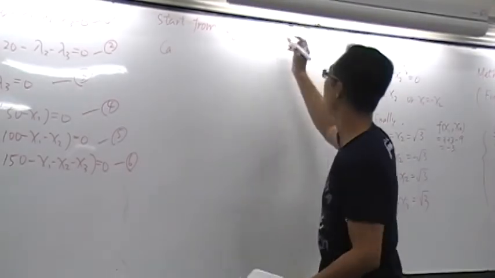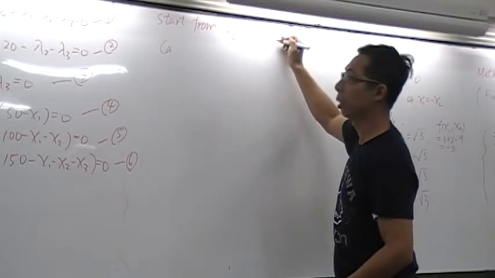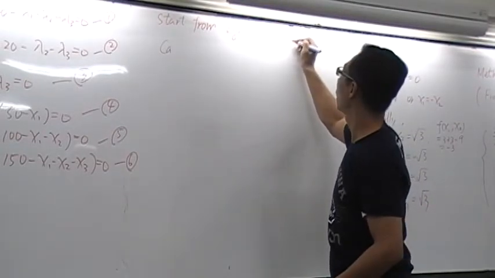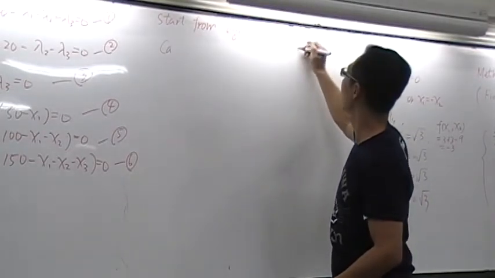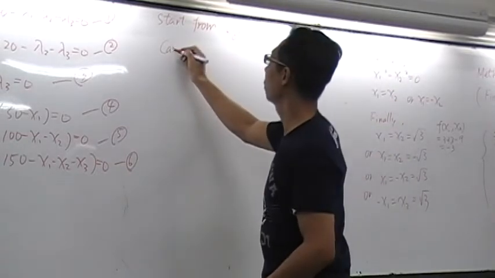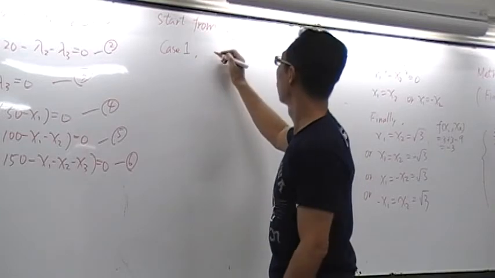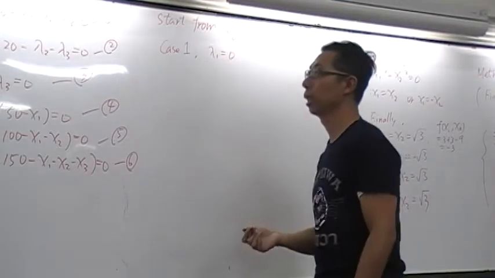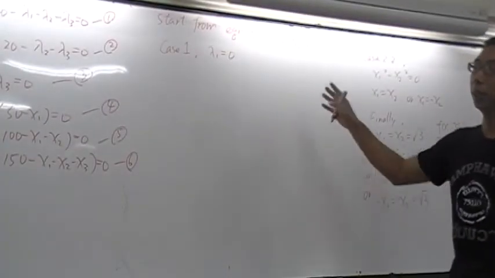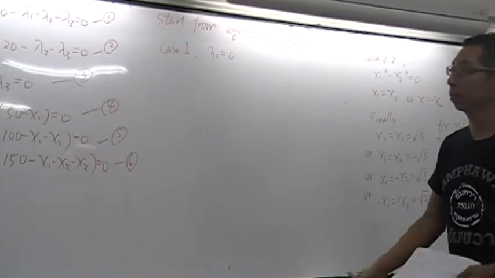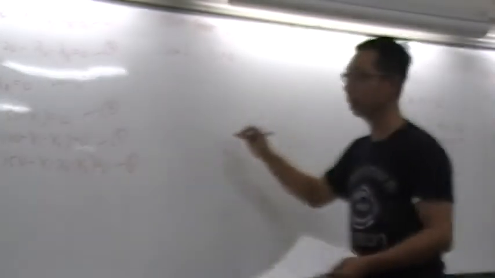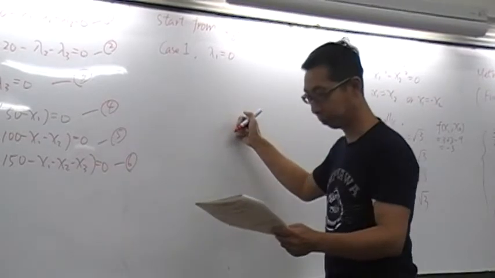So equation 4, that is lambda 1 times 50 minus x1 equals 0, and we can have two cases. So case 1 is what? Case 1, lambda 1 equals 0. And of course case 2 is 50 minus x1 equals 0. But anyway, let's first have case 1.